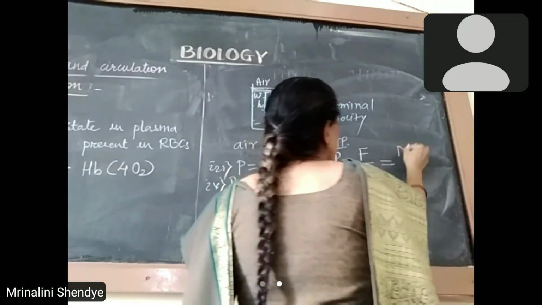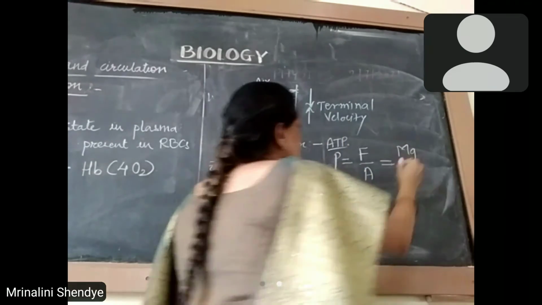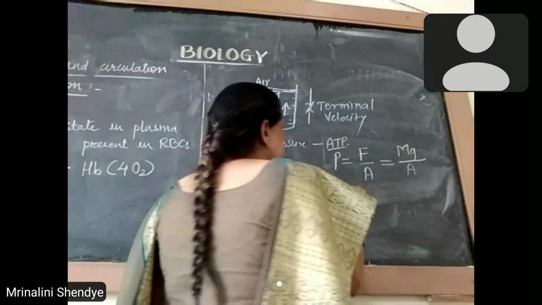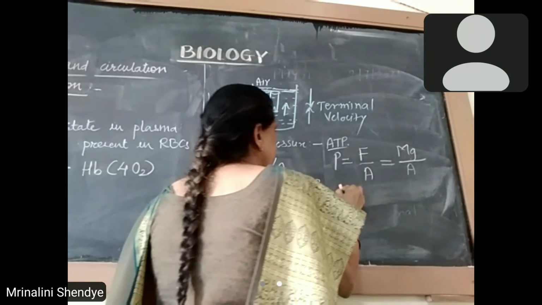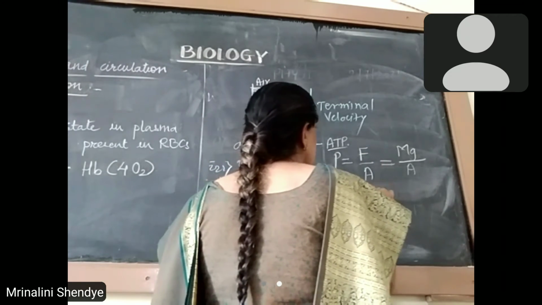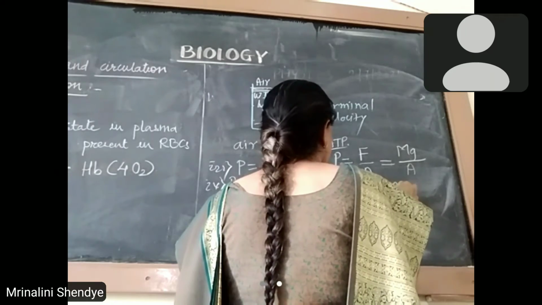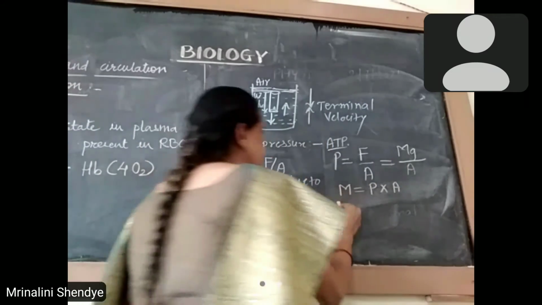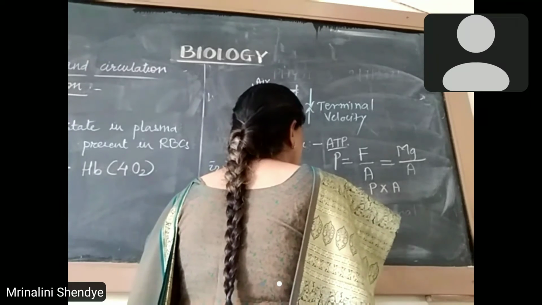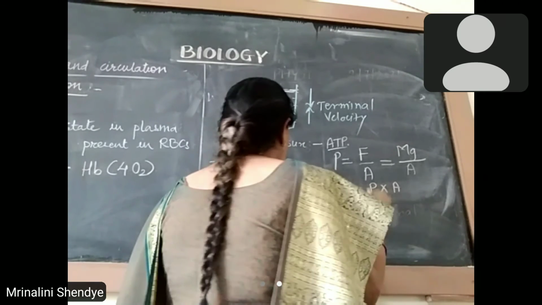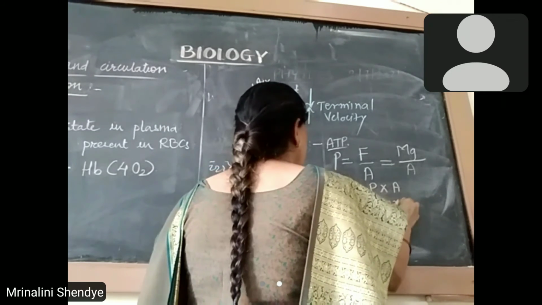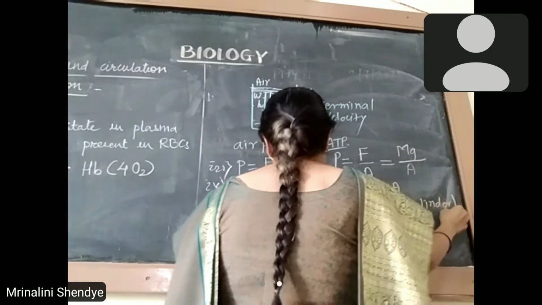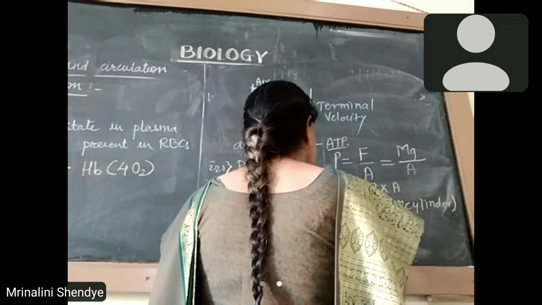It is mg upon area A. But if I am going to find it, I can also write M is equal to P into A. And by using this equation, I can write mass, capital M, is equal to the volume of the cylinder multiplied by density.